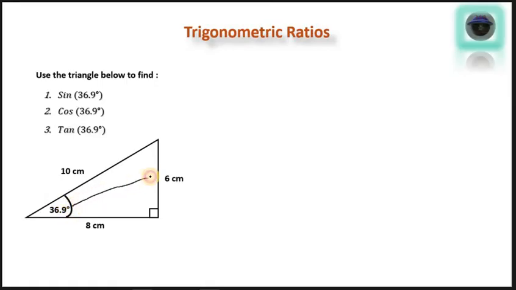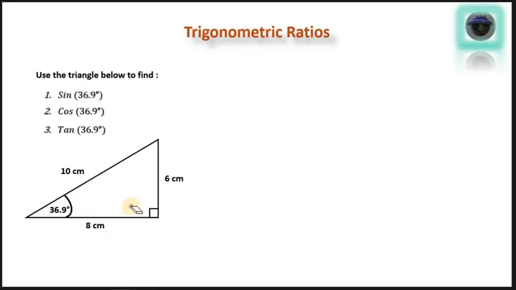So opposite of this 36.9 degrees is the side we would call opposite. And next to the 36.9 degrees is this side we call the adjacent, which has both the acute angle and the 90-degree angle on it.